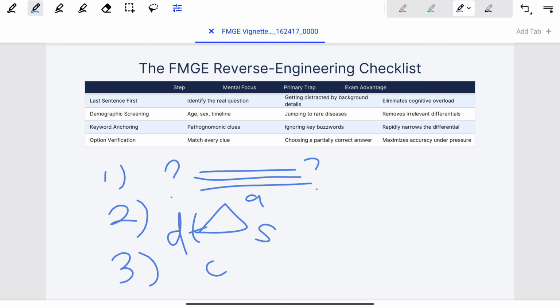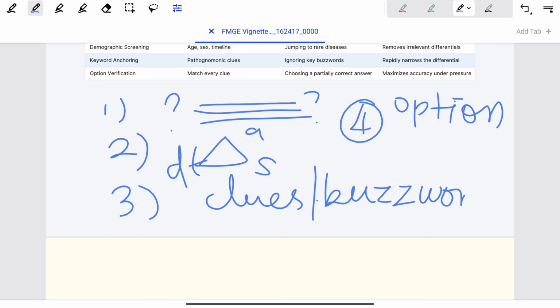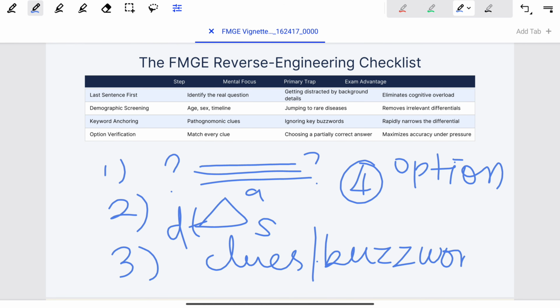Look for characteristic signs or buzzwords, radiological findings, murmurs, and laboratory clues. Step 4. Verify the options. The final answer must account for all major findings in the vignette. Following this framework reduces cognitive overload, prevents premature conclusions, and improves diagnostic accuracy under examination pressure.